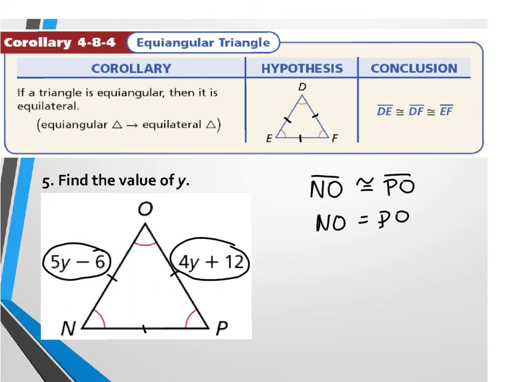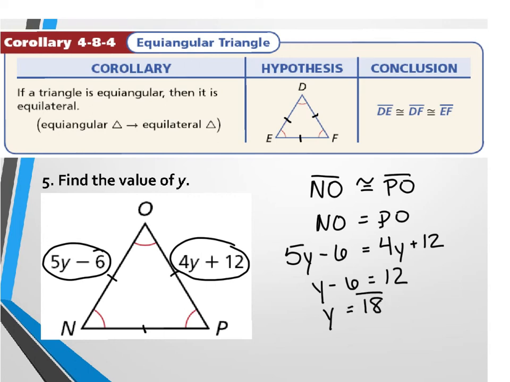Alright, let's plug in what NO is equal to. Well, that's equal to 5y minus 6. PO is equal to 4y plus 12. Alright, so let's subtract 4y from both sides. We get y minus 6 is equal to 12. Add that 6 to both sides. We get y is equal to 18. There we go. We found the solution we were looking for. y is equal to 18.